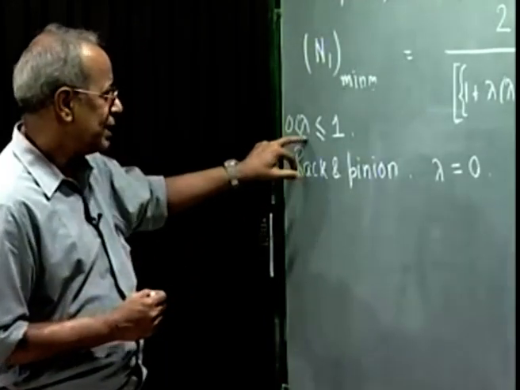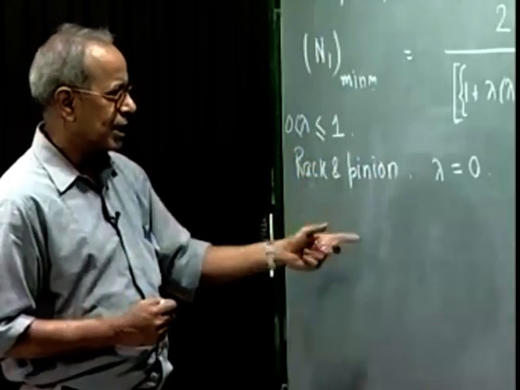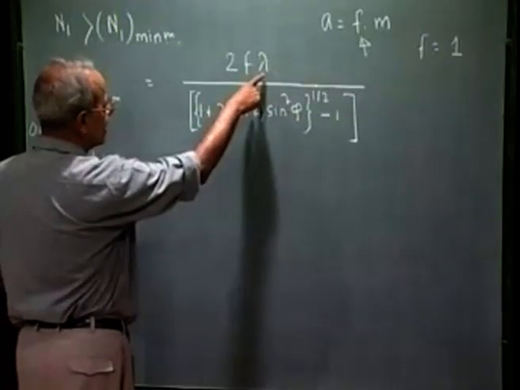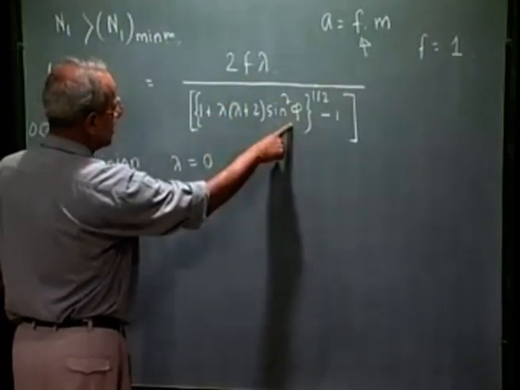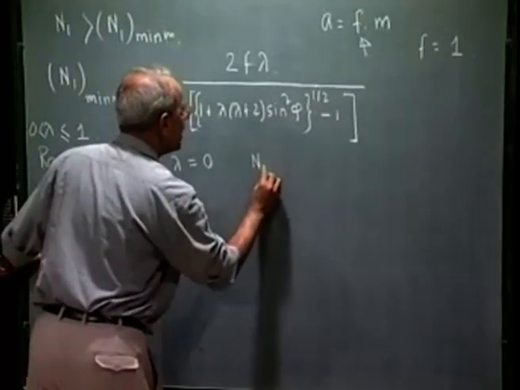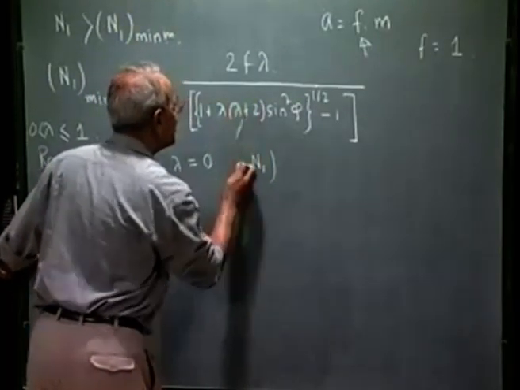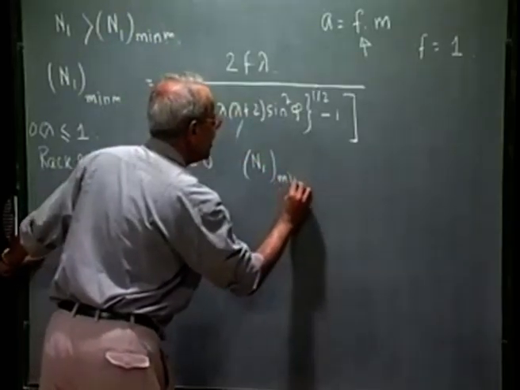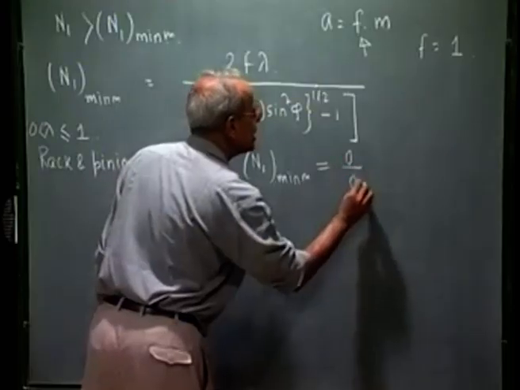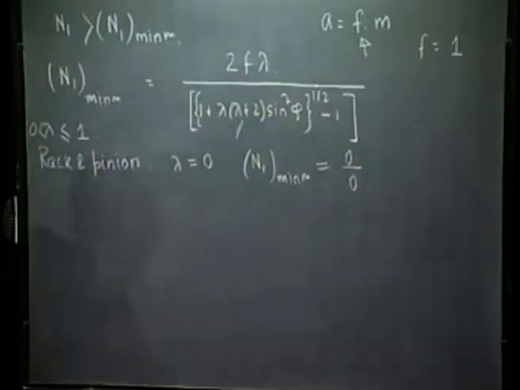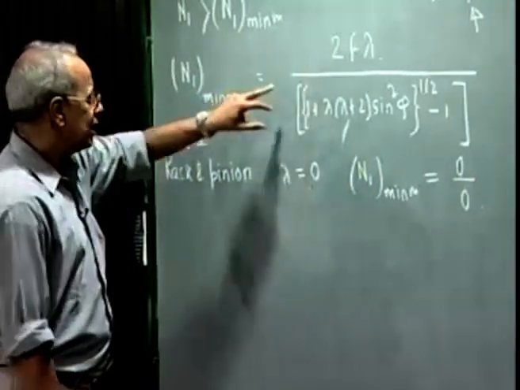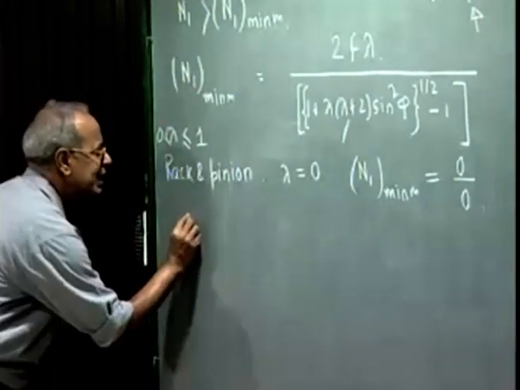So, lambda is 0. Omega 2 by omega 1 is 0. Now, if I put lambda equal to 0 here, then I get 0 in the numerator and this is 0, so it is 0 by 0. N1 minimum from this expression is turning out to be of the form 0 by 0. But that is nothing problematic. As we know, we can always take the limit. Let us take the limit of this as lambda tends to 0.